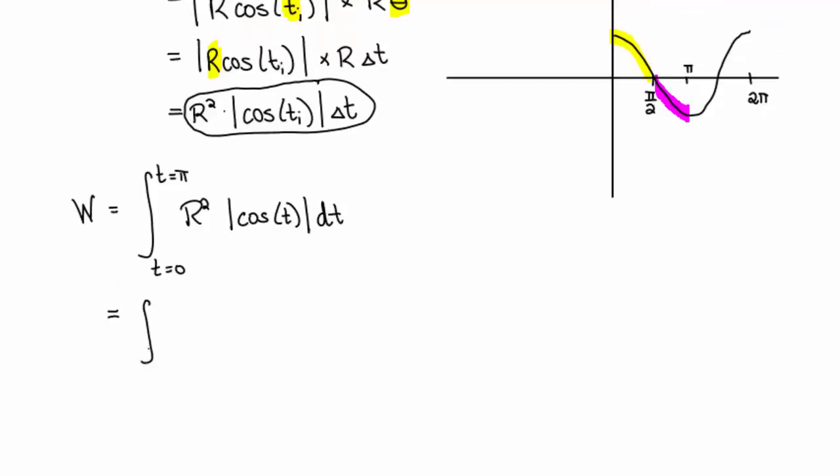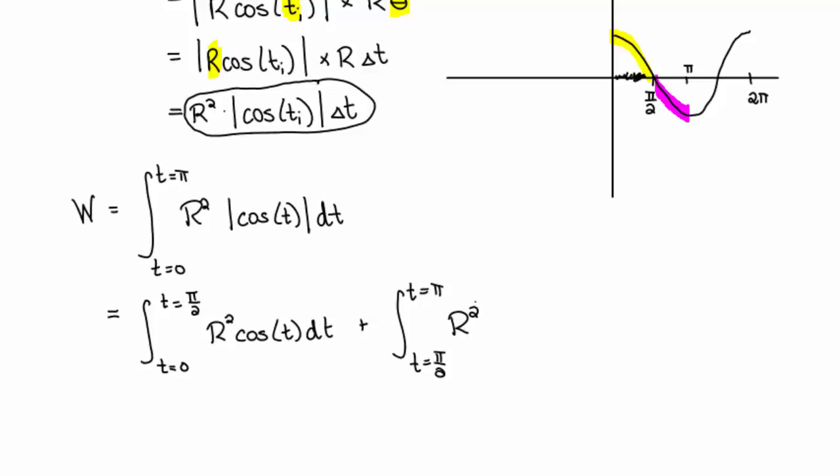The piece from time 0 to time pi over 2, well, cosine is already positive from time 0 to time pi over 2. It's already above the x-axis, so there's no need to have absolute values. However, from time pi over 2 to time pi, we have a problem, right?